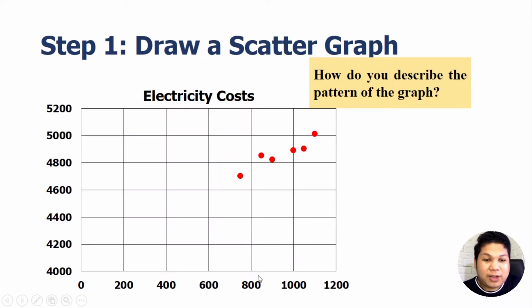But as the production level increases, the cost, the electric consumption amount rather, is also increasing. Therefore, there is a direct relationship between the production level and the amount of electric consumption.